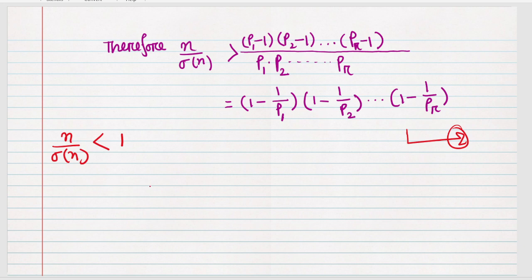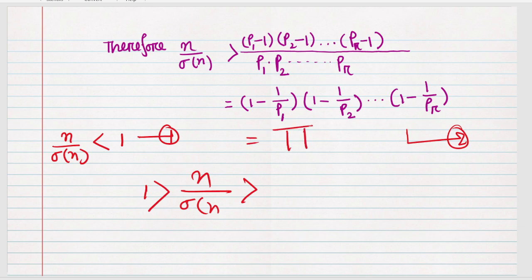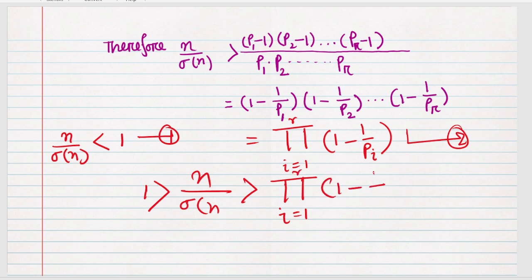That means by 1 and 2 we can easily write that 1 is less than n by sigma n, and this we can write as the product for i equals 1 to r of (1 minus 1 by pi). So here it concludes our proof.